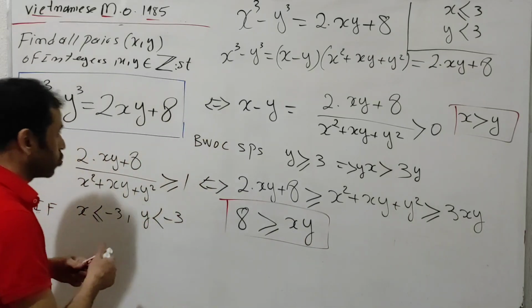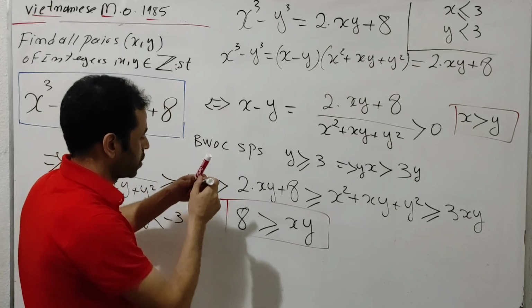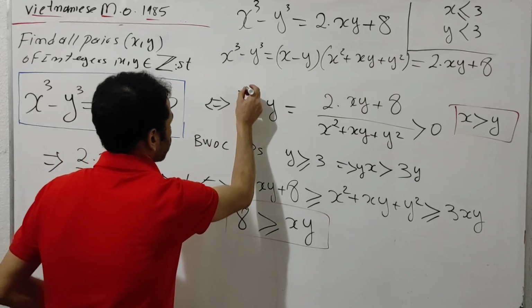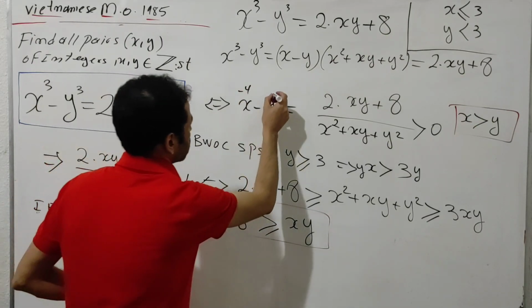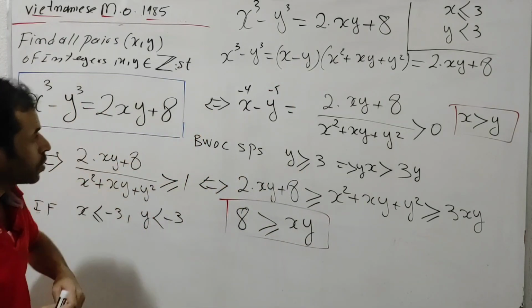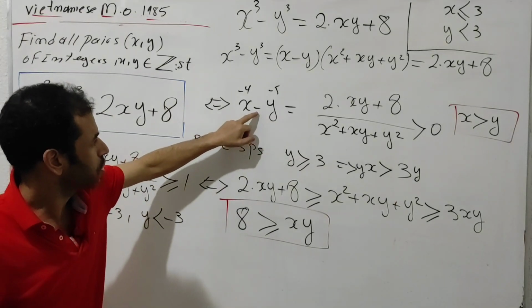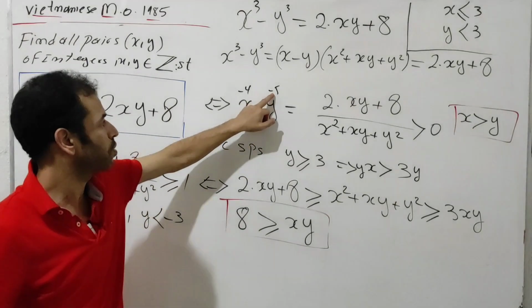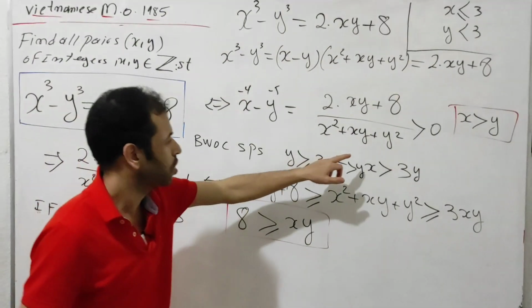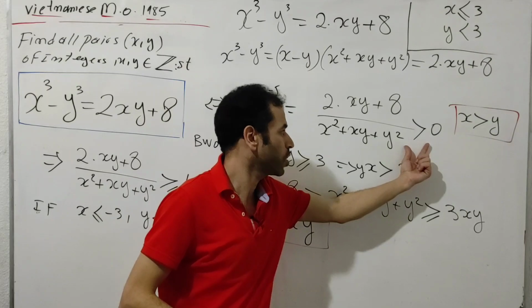Because if you try to replace x with minus 4 and y with minus 5, for example, as we know x is always bigger than y, this minus sign with this minus becomes plus. This means 5 minus 4, which is 1, always holds this inequality as a positive inequality, okay?